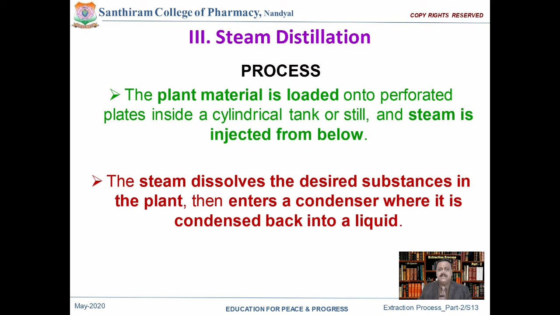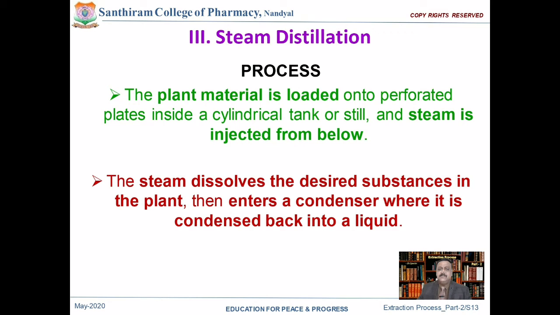The material is filled here and the steam is injected through a pipeline system, which forms a plate that has perforations or minute holes at the upper end, facing towards the tank, right? The steam passes through the openings of the pipeline system fixed into the still, which is already filled with the material.